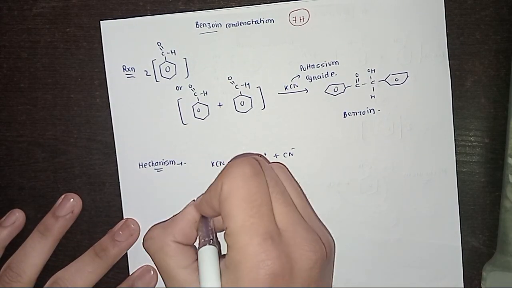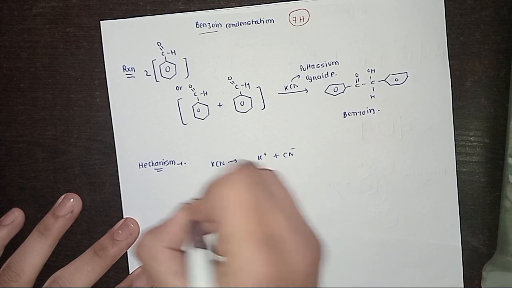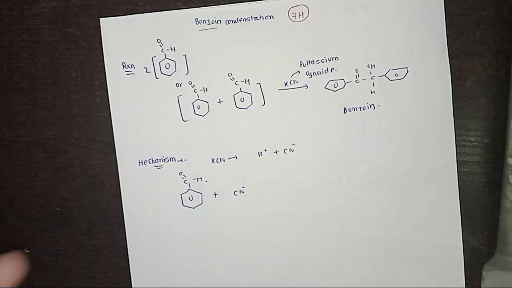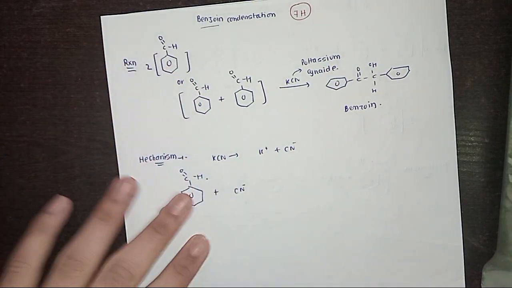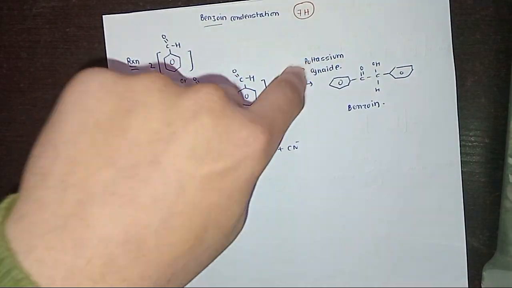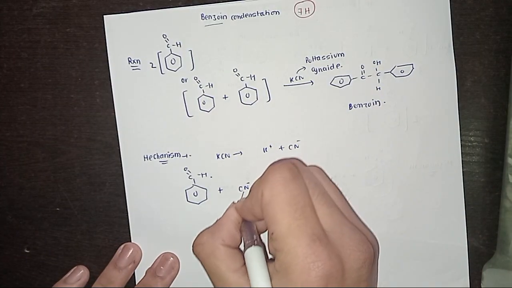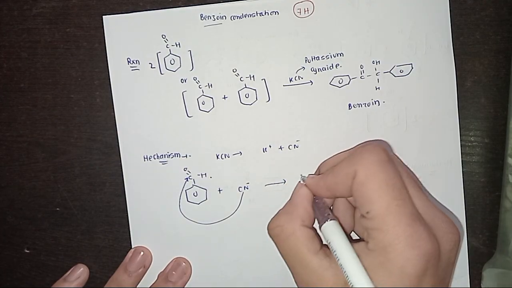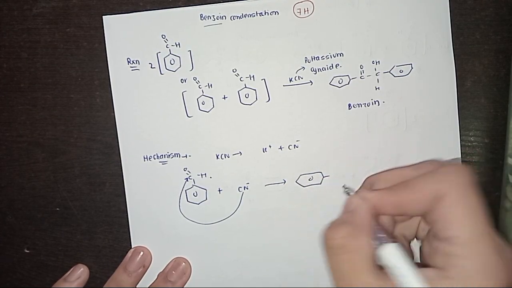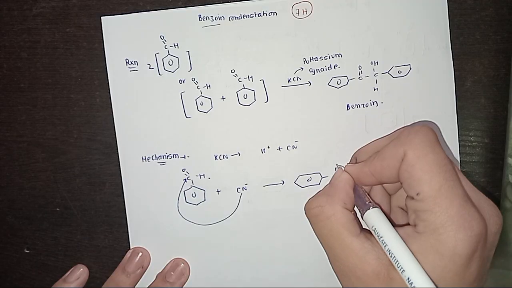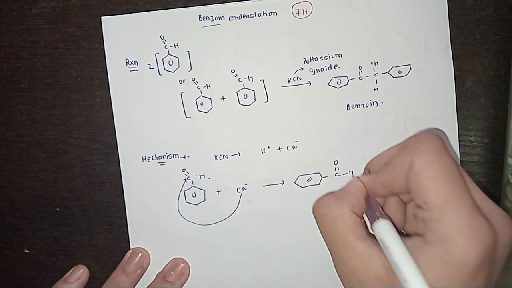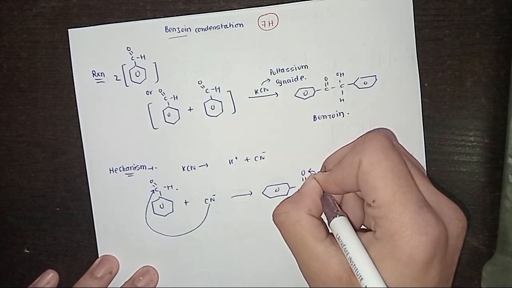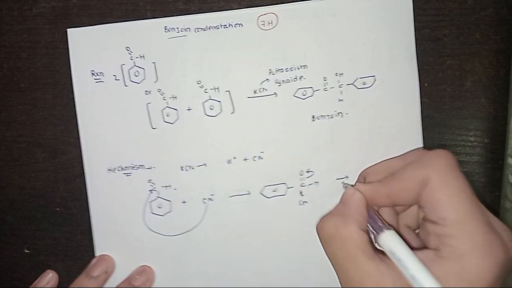And now this cyanide ion will react with this benzaldehyde. We took one benzaldehyde and reacted it with the dissociated cyanide ion. This cyanide ion will go towards this carbon and join here. So we will write it as C double bond O, H and CN. And this double bond will go upward and develop a negative charge.